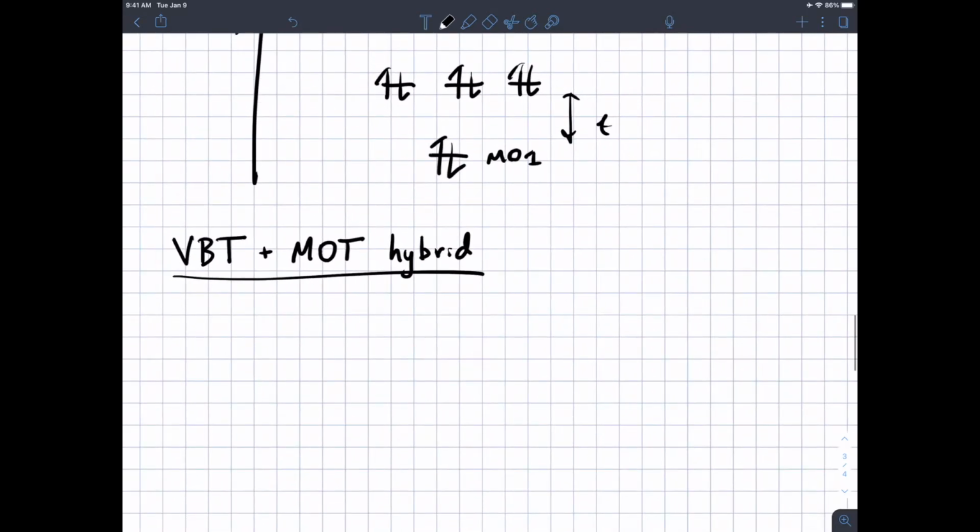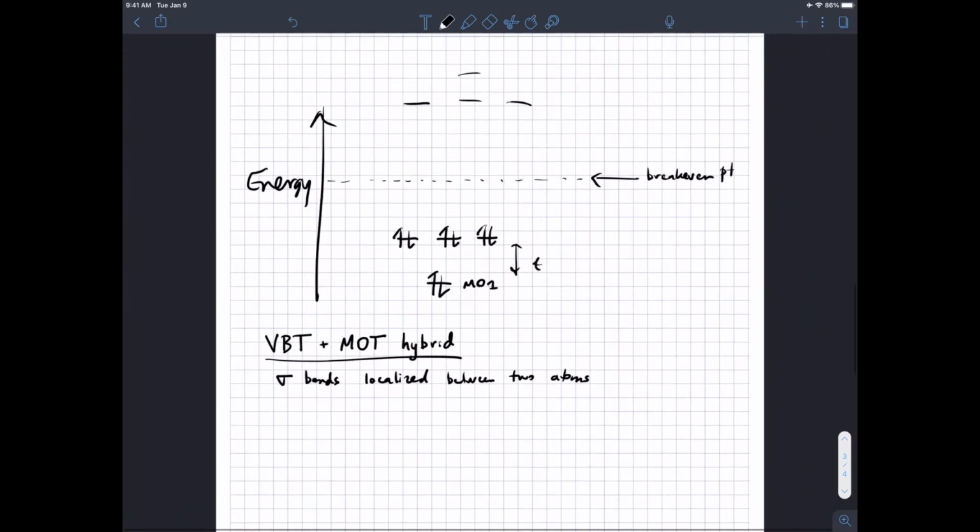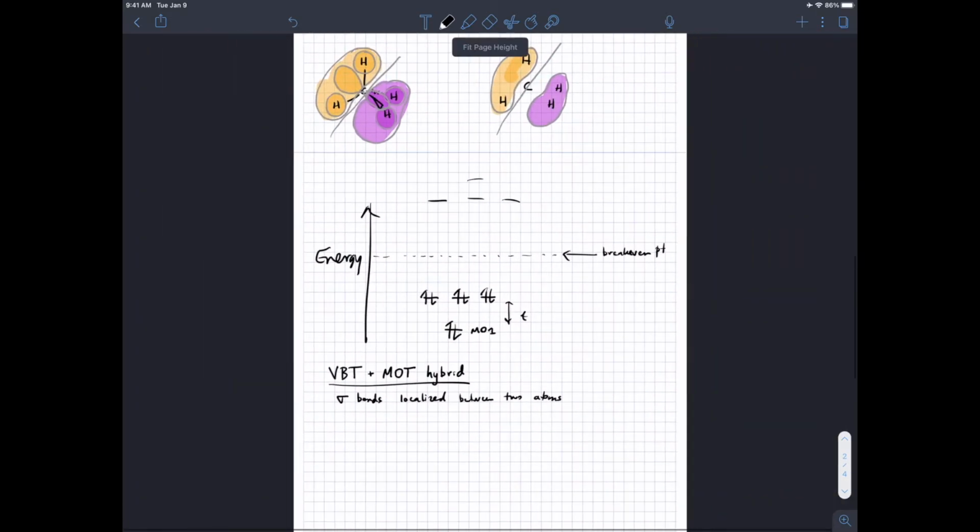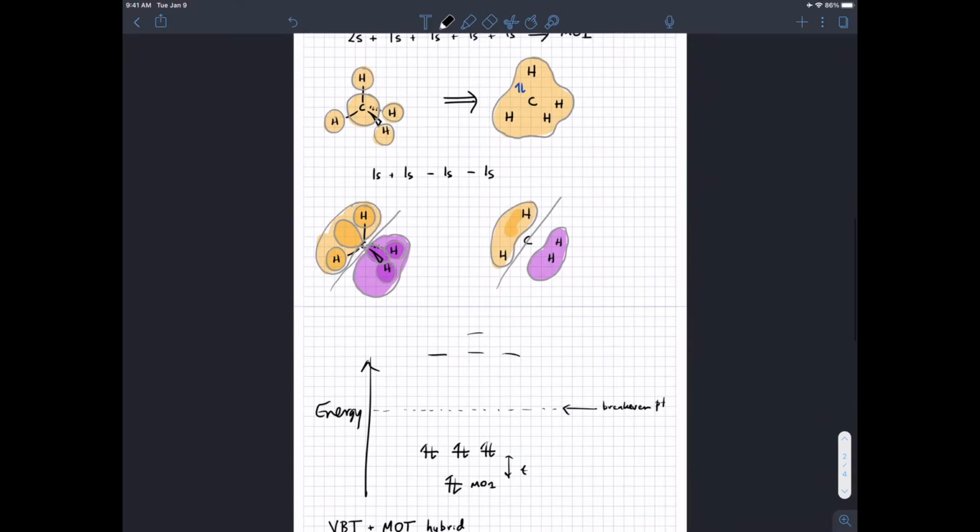And in that hybrid approach, we're going to think of sigma bonds as localized between 2 atoms. So for the most part, with sigma bonds, we're not going to do what we just did in methane, where we think of pairs of electrons delocalized over the whole atom.